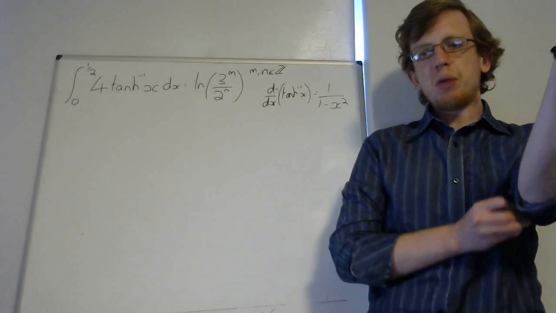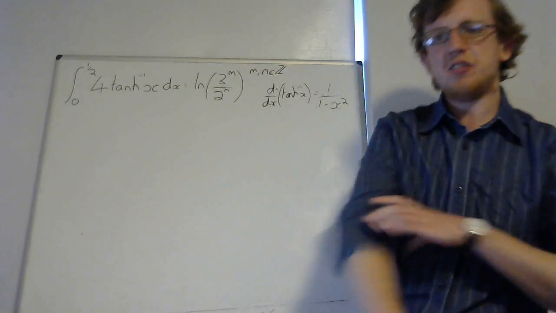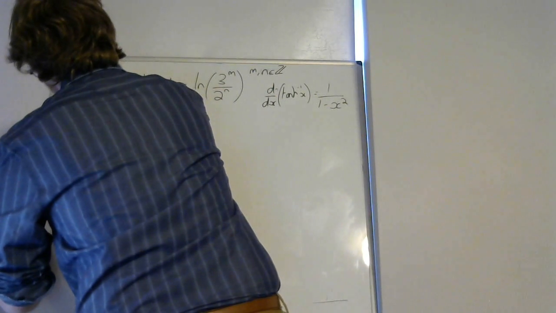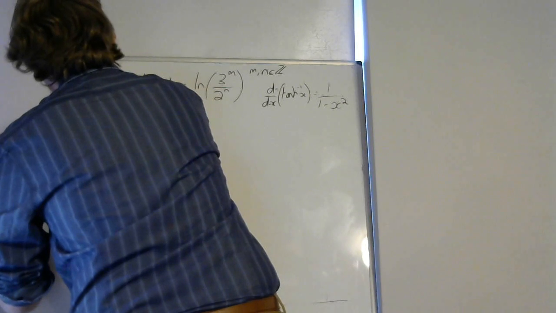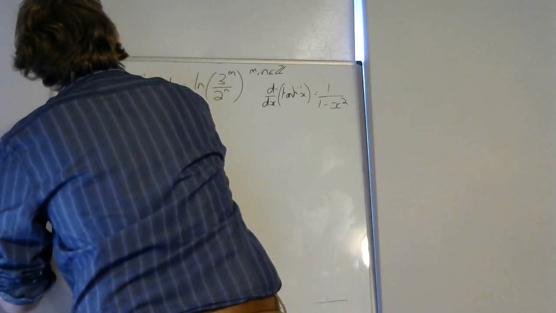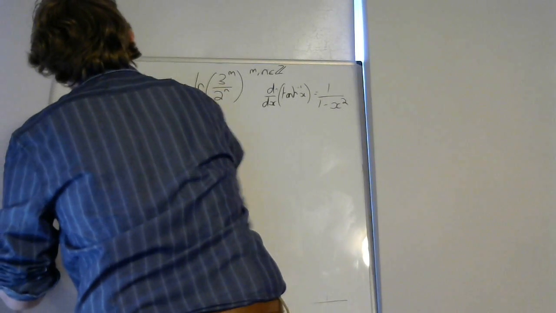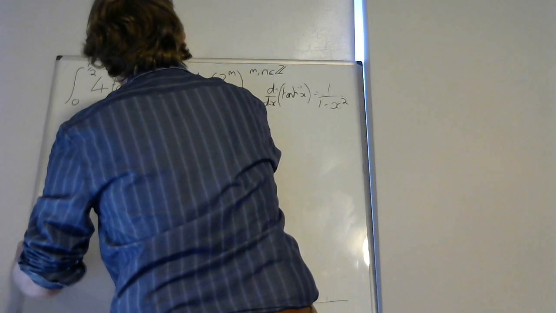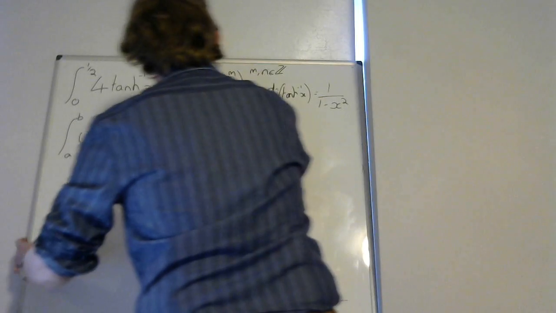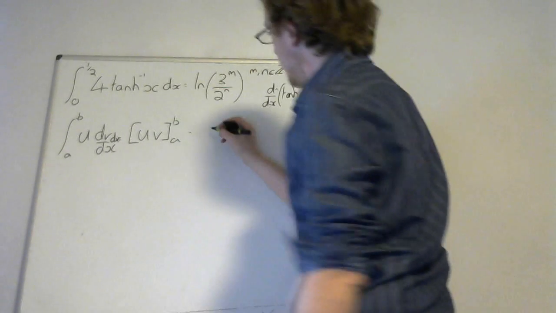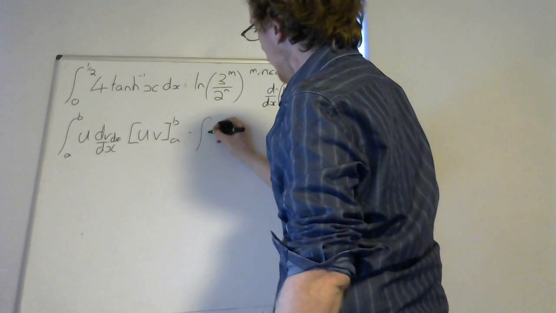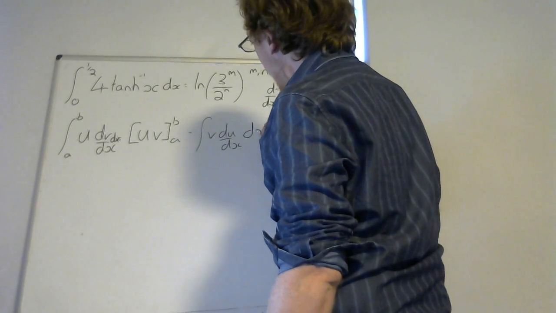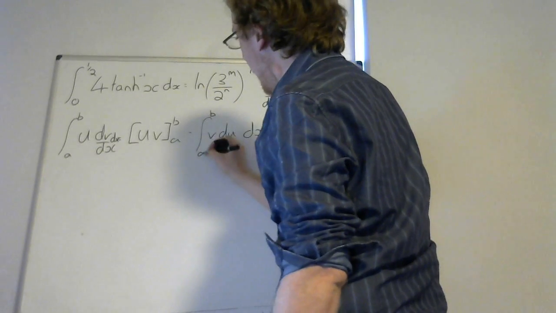Now the integration by parts formula, I'll write it out in case you forgot it, is that the integral between b and a of u multiplied by dv dx is equal to uv between b and a minus the integral of v du dx between b and a.